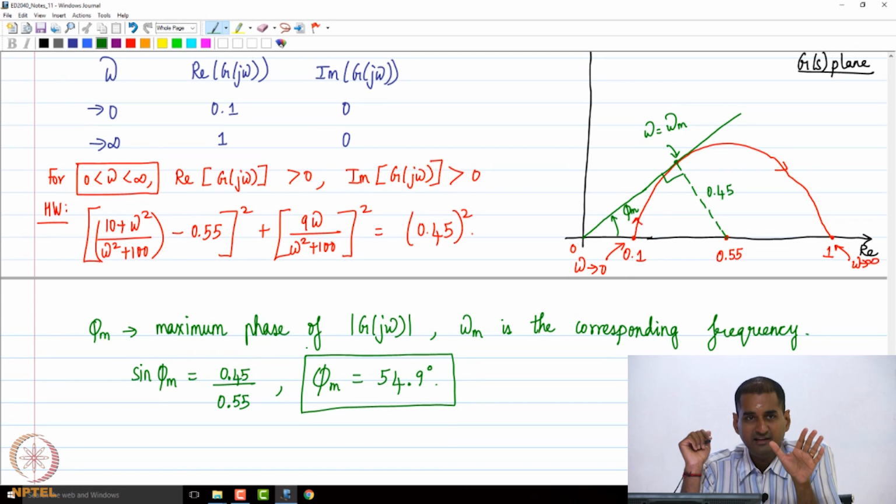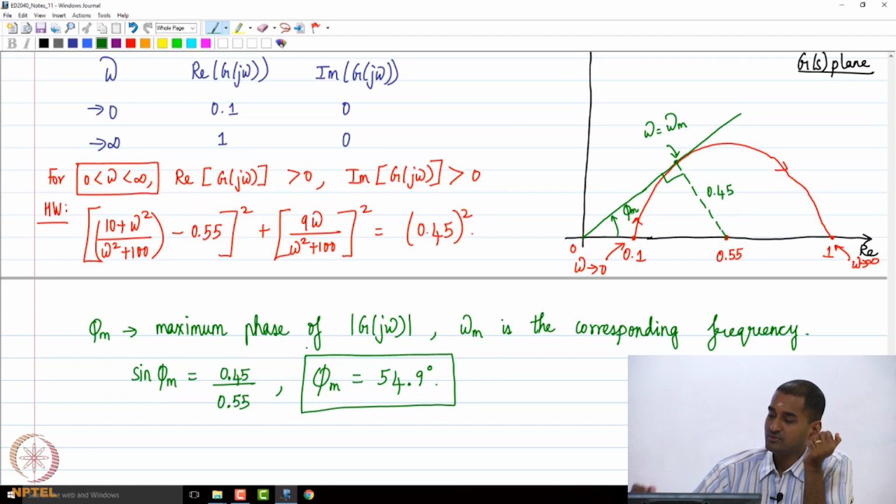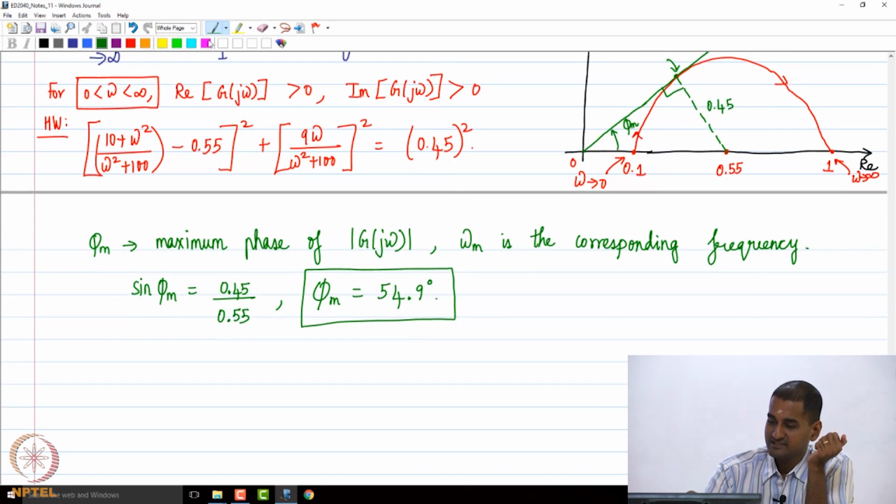And by and large, if this phase angle is positive, that means that there is a phase lead. And if the phase angle is negative, that means there is a phase lag. So in general, this is just an aside.